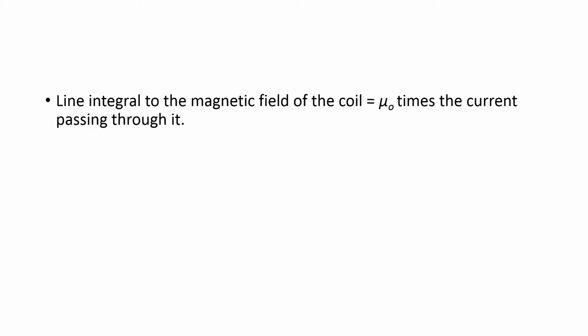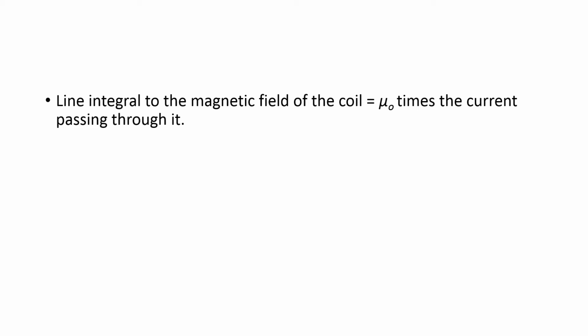Integrals have many types. If we are talking about a line integral, it means we are moving on the line. We have taken a loop and we are moving on the periphery, the circumference. If we have a coil and we take the line integral of the magnetic field of the coil, then this line integral of magnetic field is always equal to mu times the current passing through that coil.